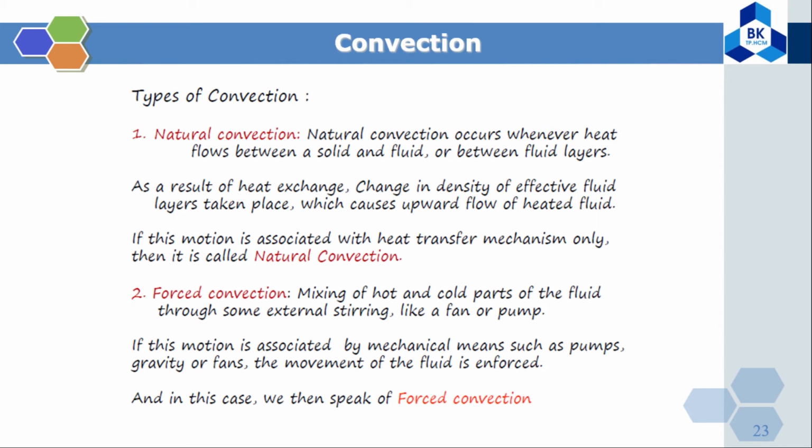If this motion is associated with the heat transfer mechanism only, then it is called natural convection. Forced convection is mixing of the hot and cold parts of the fluid through some external stirring, like a fan or a pump. If this motion is associated with mechanical means such as pumps or fans, the movement of the fluid is enforced, and in this case we speak of forced convection.